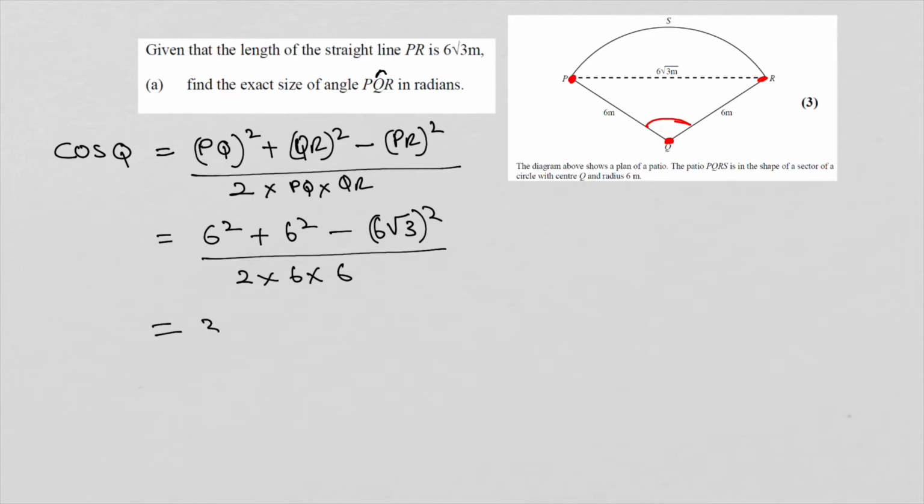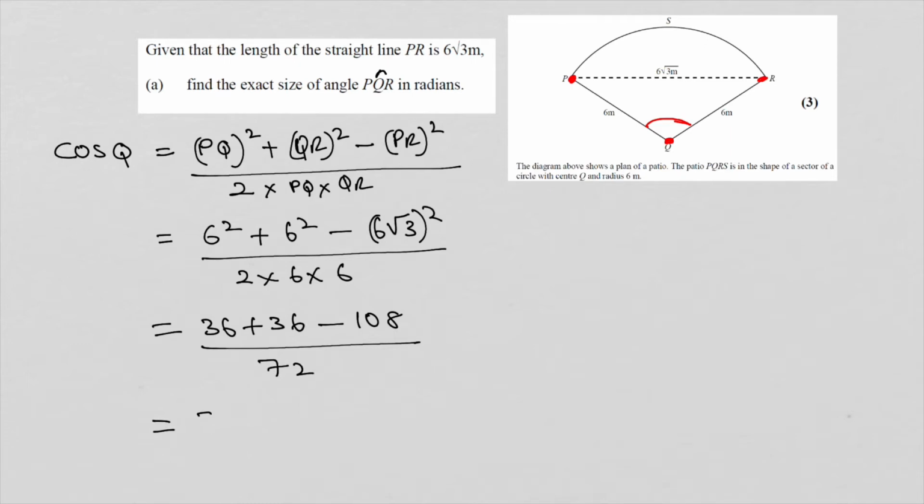And that equals 36 plus 36 minus 108. That would be 36 times 3, because 6 squared would be 36, and root 3 squared would be 3. 36 times 3 is 108. And that would be 2 times 36, that's 72.